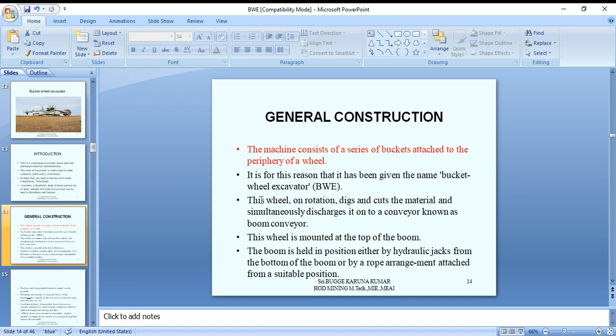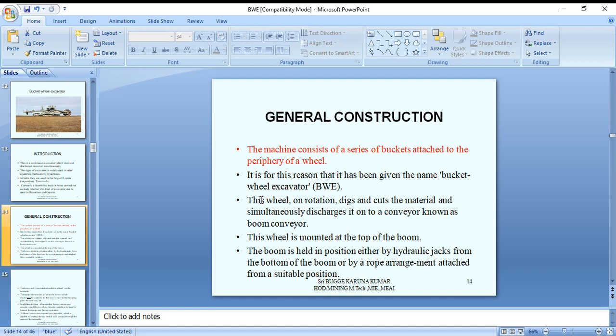See once again, the machine consists of a series of buckets attached to the periphery of the wheel. It is for this reason that it has been given the name bucket wheel excavator. This wheel on rotation digs and cuts the material and simultaneously discharges it onto a conveyor known as a boom conveyor. This wheel is mounted at the top of the boom.